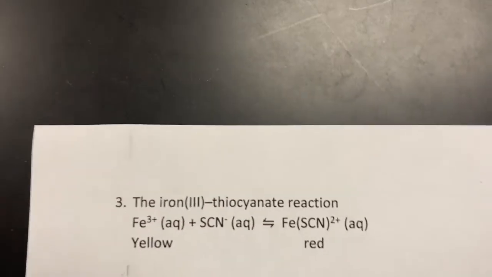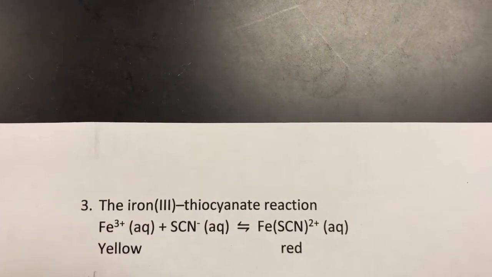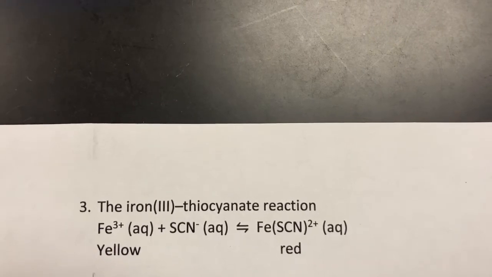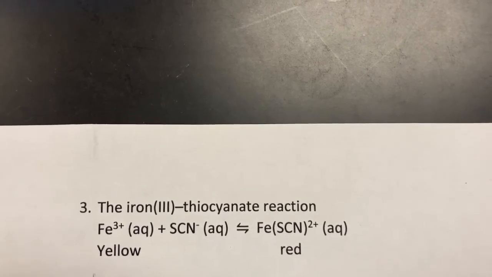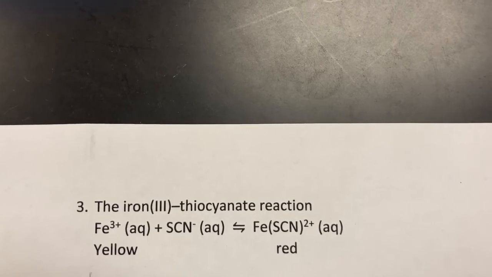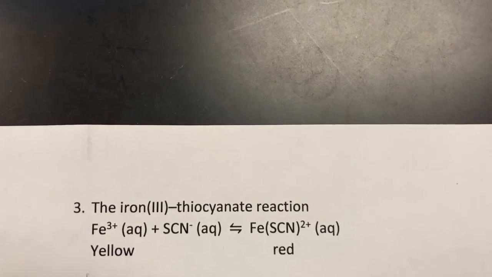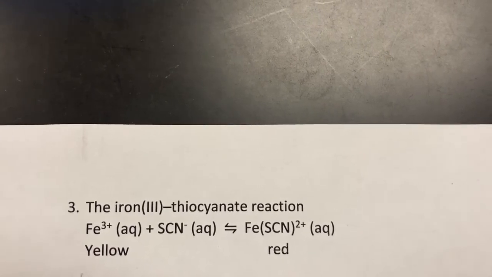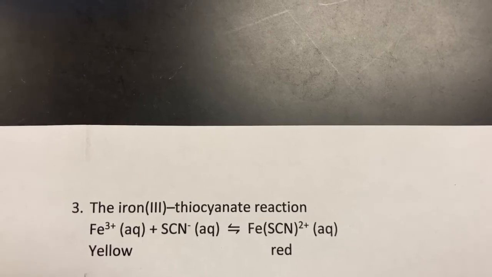Did it shift to the left? If it shifts to the left, the solution will become more yellow, or you say the red color may fade. If it shifts to the right, the solution may become darker in red.